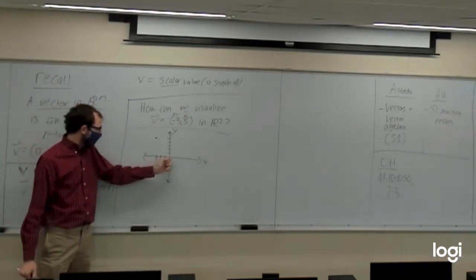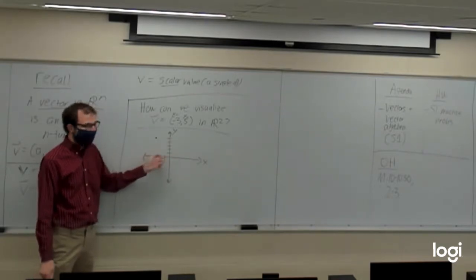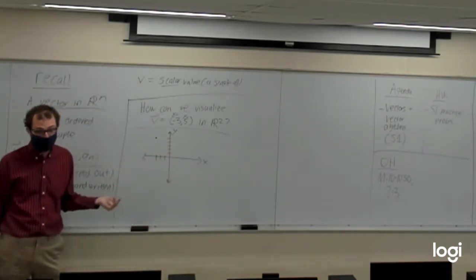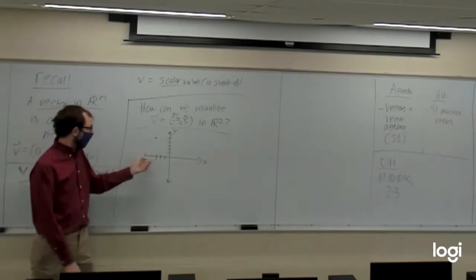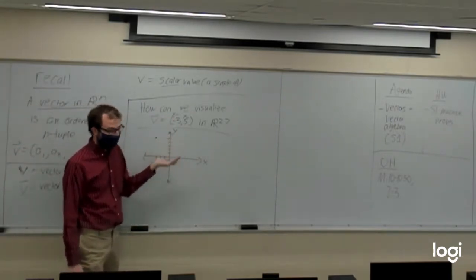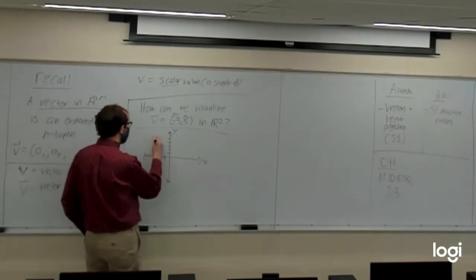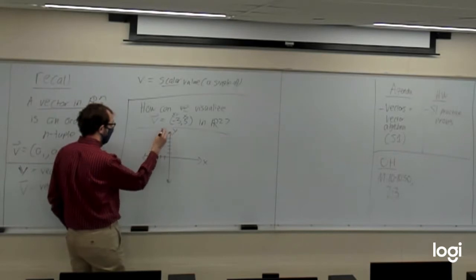So starting at the origin, 0, 0, we would go 3 to the left on the x-axis to give us an x-coordinate of -3. And we would go 5 up in the positive direction on the y-axis. And then this would be the point, -3, 5.